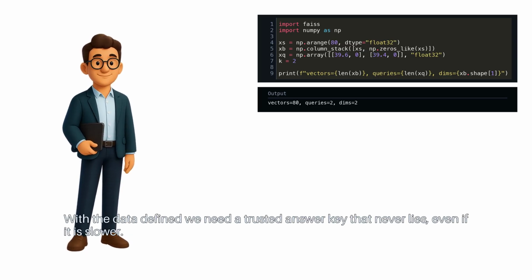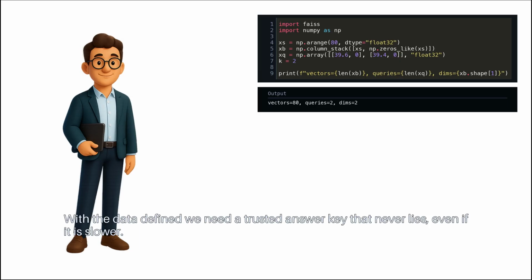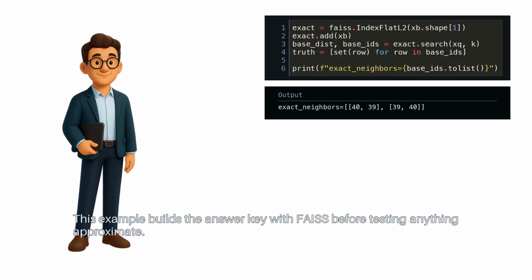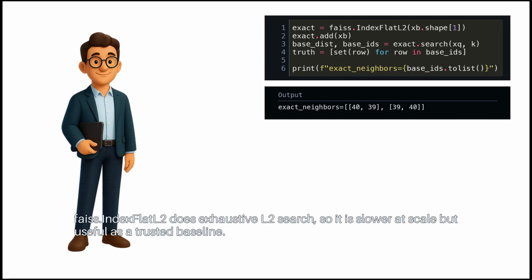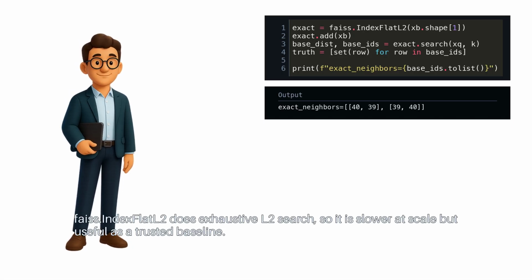With the data defined, we need a trusted answer key that never lies, even if it is slower. This example builds the answer key with FAISS before testing anything approximate. faiss.IndexFlatL2 does exhaustive L2 search, so it is slower at scale, but useful as a trusted baseline.